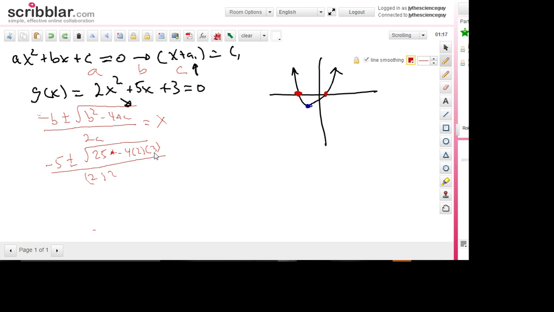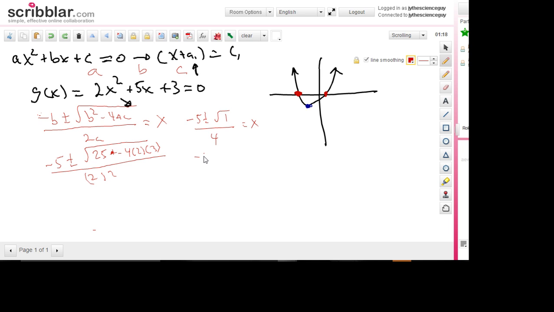Okay, so 8 times 3 is what? 8 times 3 is 24. 25 minus 24 is what? 1. So I get -5 plus or minus the square root of 1 all over 4. Do you see where I got that part? Mm-hmm. What's the square root of 1? 1.